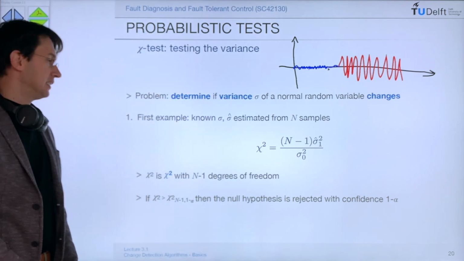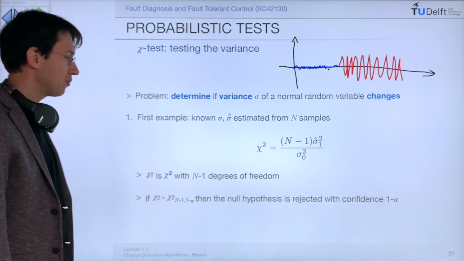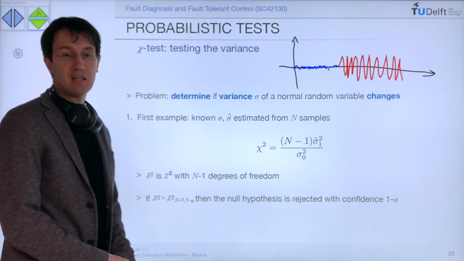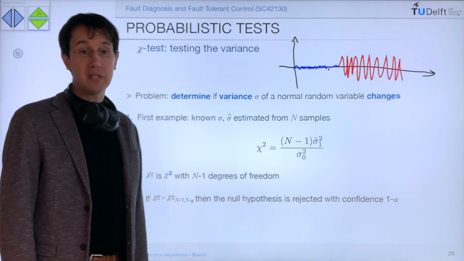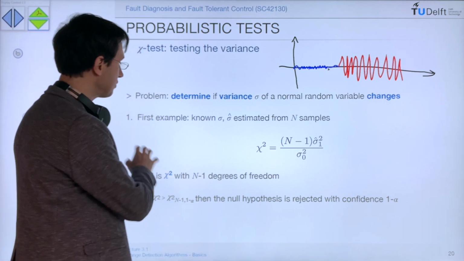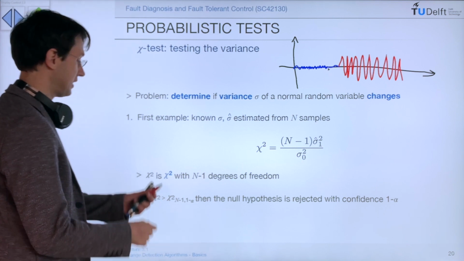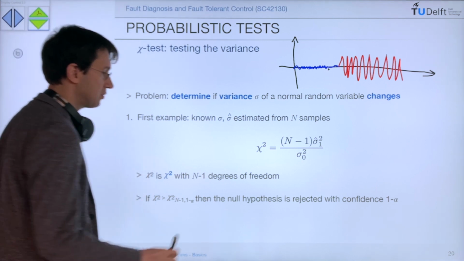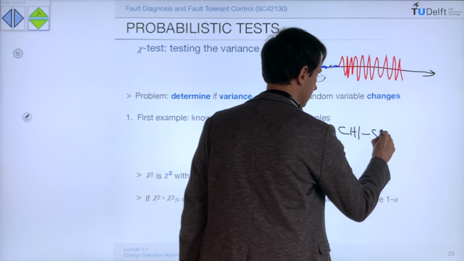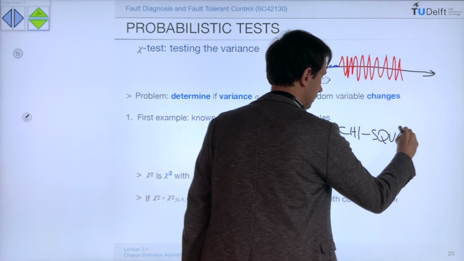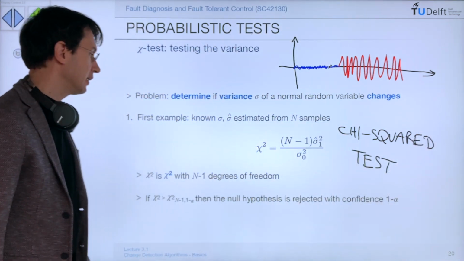Well, the idea is still the same. You take samples, you compute empirical statistics, and you compute some ratio, and you get a new random variable. And this is what is done in the chi-squared test. Or actually, sorry, that's pronounced chi in English.